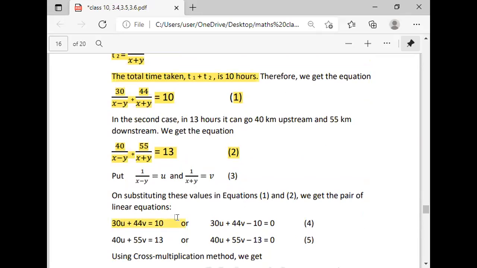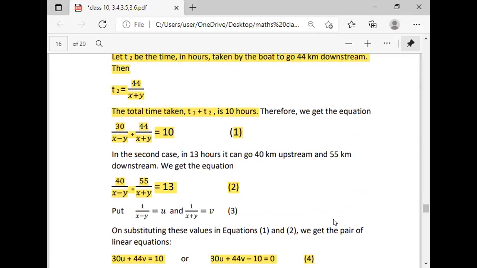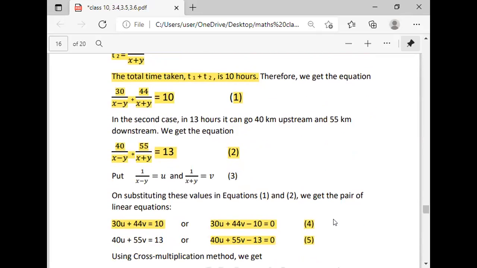30u plus 44v is equal to 10, but our aim was 30u plus 44v minus 10 is equal to 0. That is equation 4. And similarly, 40u plus 55v minus 13 is equal to 0. That is equation 5. You know why we have written like this?